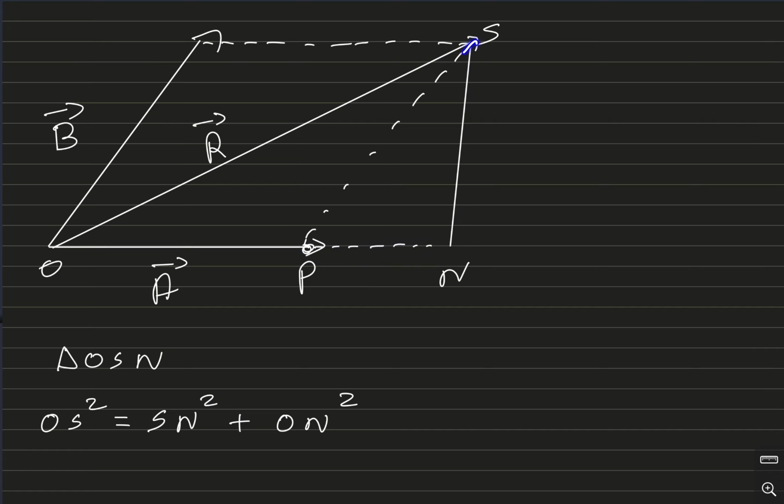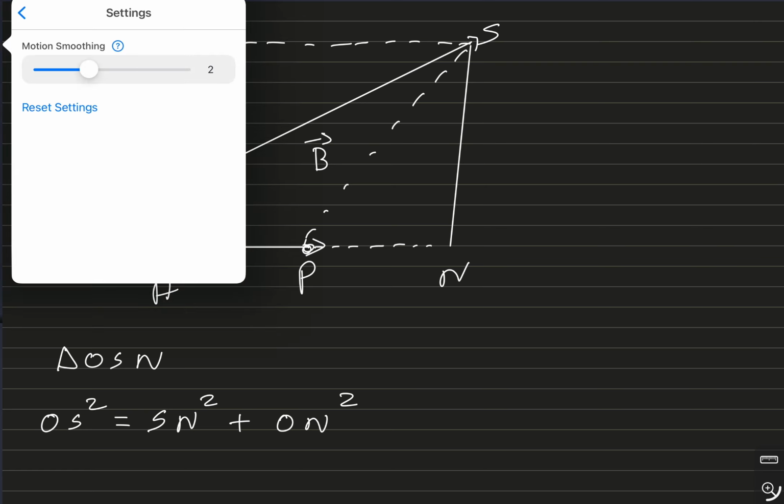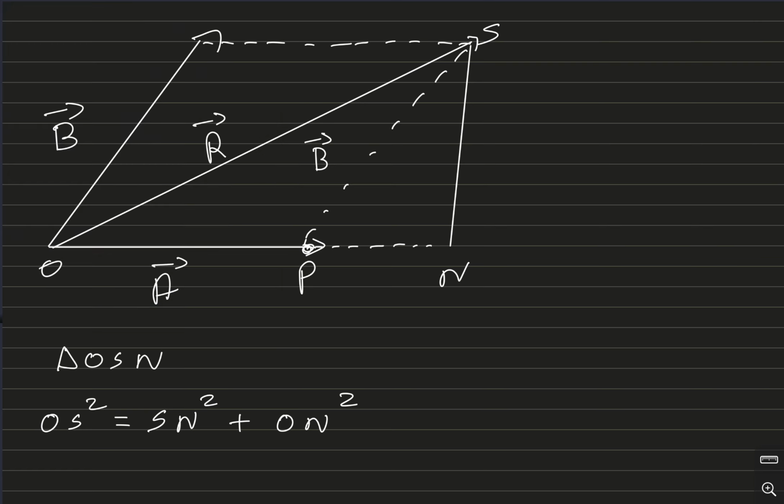This is your vector B, because opposite sides are the same in a parallelogram. These two sides are the same, which means this is vector B.